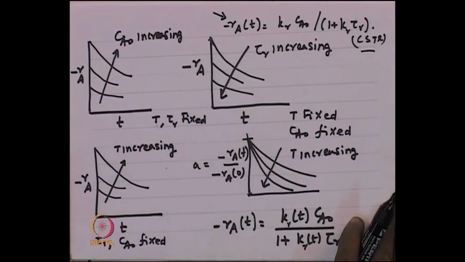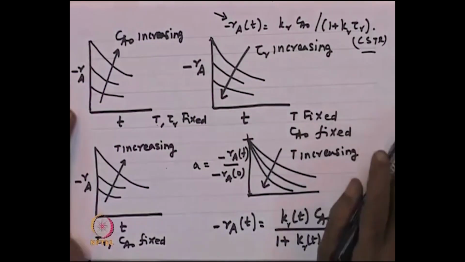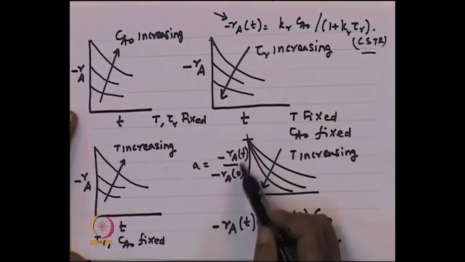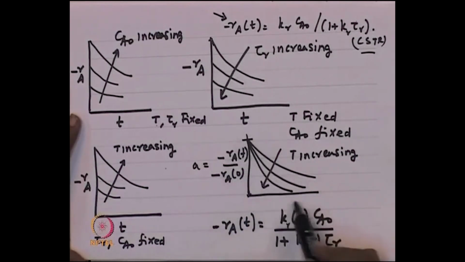What is the advantage of doing this in a CSTR? We are able to maintain the temperature at the level that we want, and we are able to change the flow rates or residence time, and therefore we can measure reaction rate under different conditions. Now, when we measure reaction rate at different conditions, we said that we can normalize the reaction rate at 0 time, and we make plots like this.